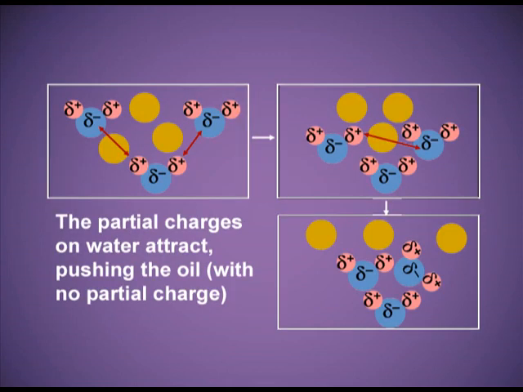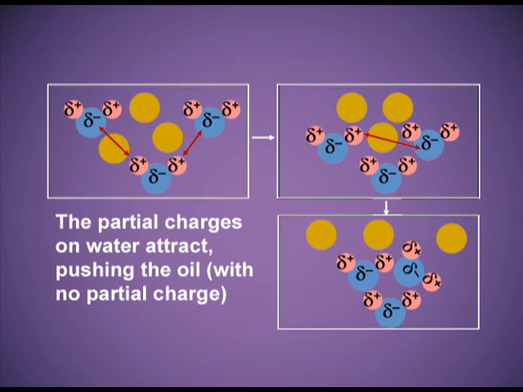The yellow drops or the yellow circles are the oil droplets and the water molecules are shown by pink and blue balls. Now you can see that in between the water molecules there are oil droplets, but after some time we can see that this oil will come on the surface.